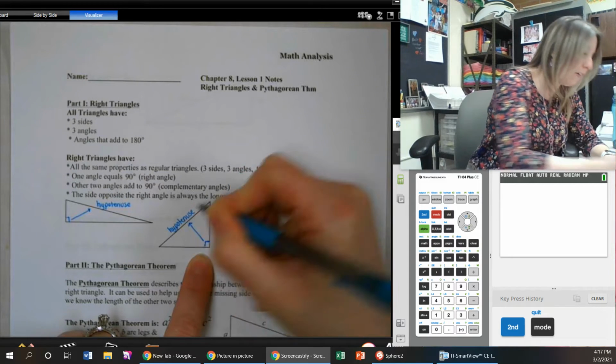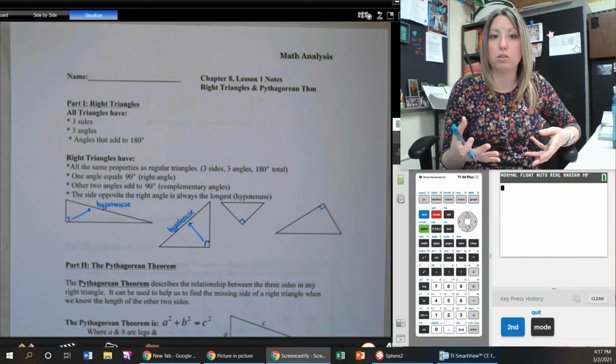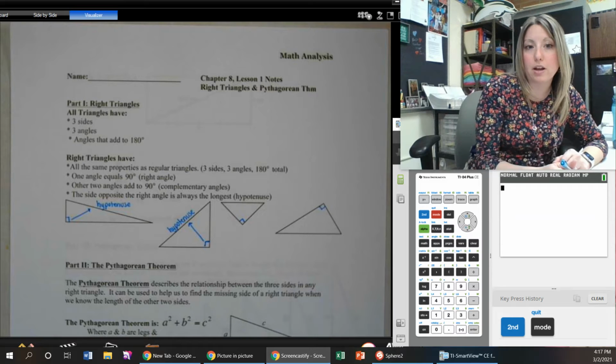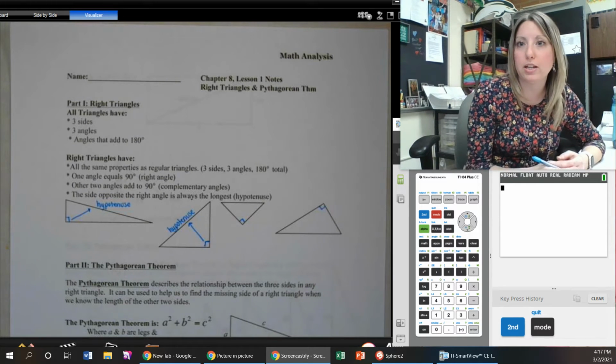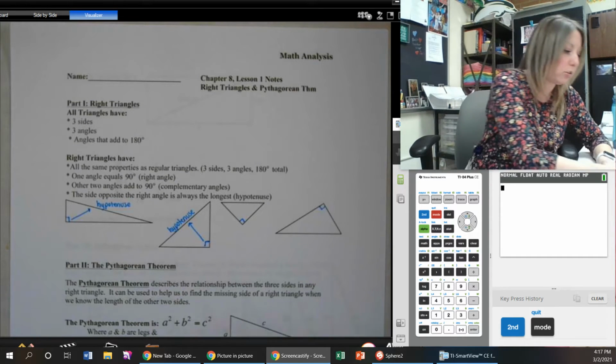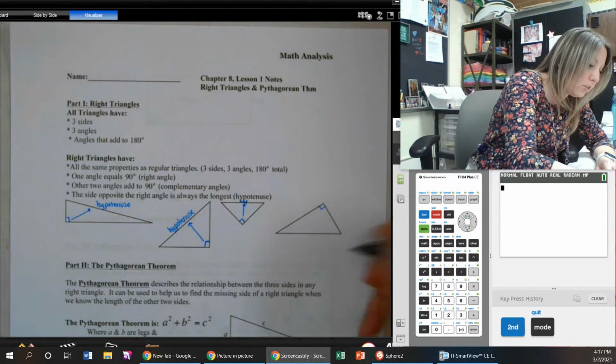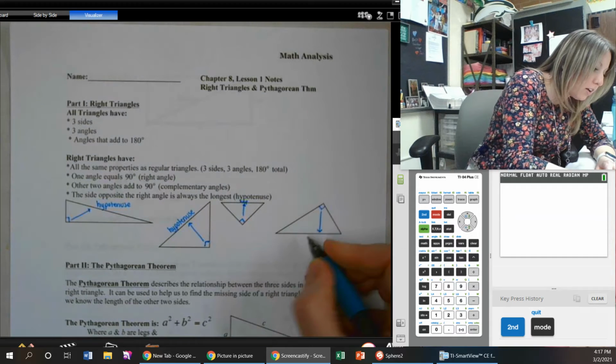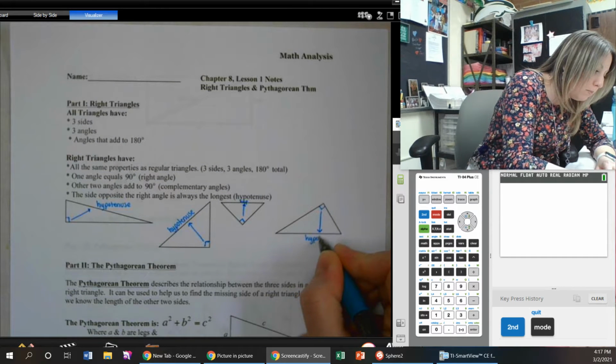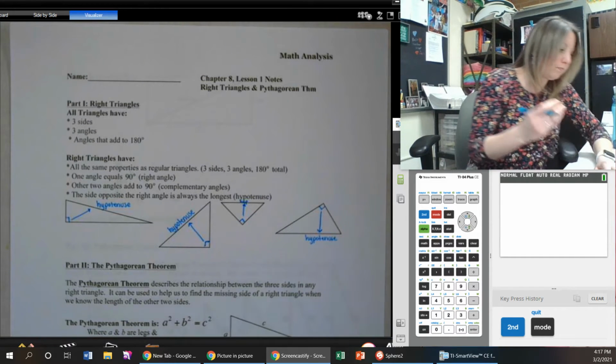That's the nature of having only 3 sides and only 3 angles, and knowing one of them is 90 degrees, but they all have to add up to 180. Well, then that 90-degree one has to be the biggest one, and that's it. So here are all the hypotenuse sides because they are all across from the right angle. Okay?